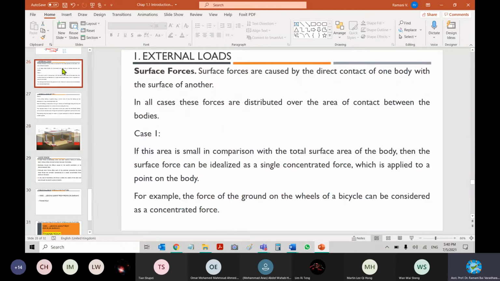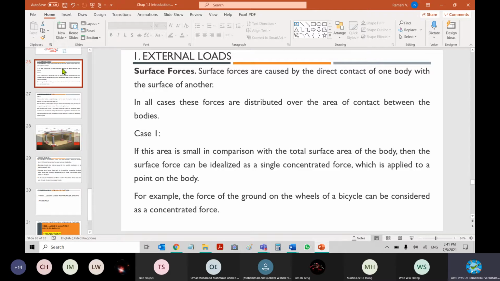External loads, the types of loads, right? Types of loads and the forces, right? We can basically classify them into 2 categories. What kind of loads are acting on the member, and what are the body forces and its responses, right? The whole story is behind these 2 factors.